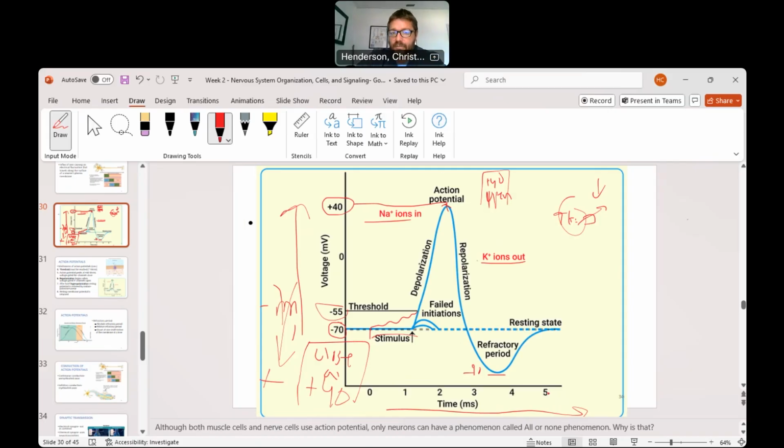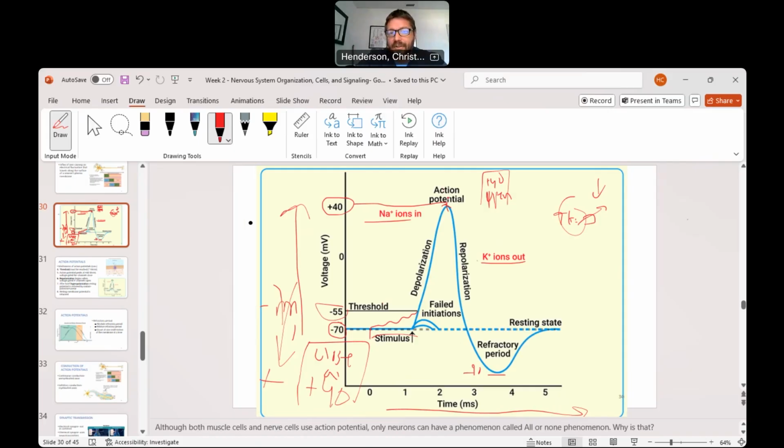This is so that you can't recreate that same stimulus right away. My aunt's a nurse. I don't know if this gets this in your head. She used to give us lots of our shots when we were kids. The way that she would do it, she'd come up to you and slap you on the arm and stick the needle in right away. I think about this when I think of this.